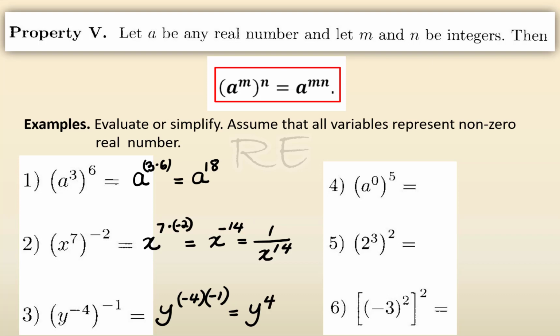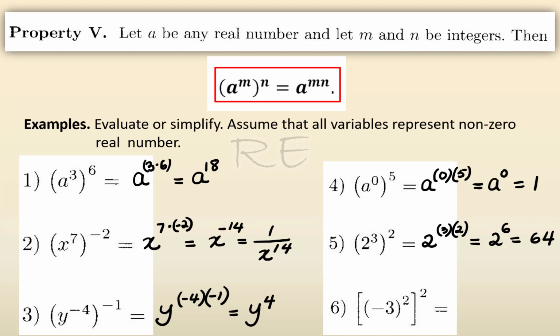The answer is y to the 4th. (a to the 0) to the 5th is a to the 0 times 5, which is a to the 0, which is 1. (2 to the third) to the second is 2 to the 3 times 2, which is 2 to the 6. 2 times 2 times 2, 6 times, is equal to 64.